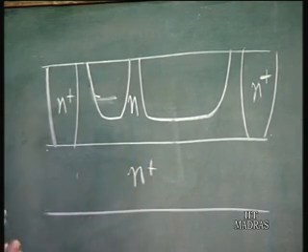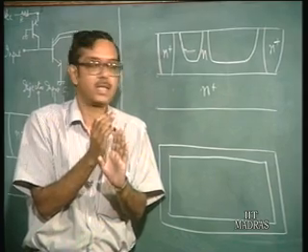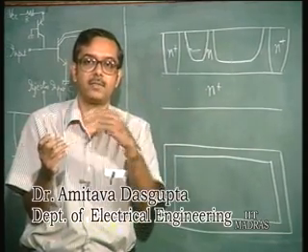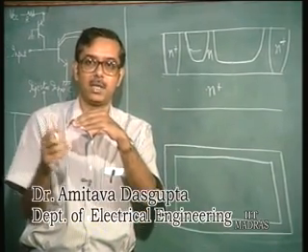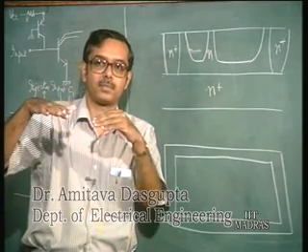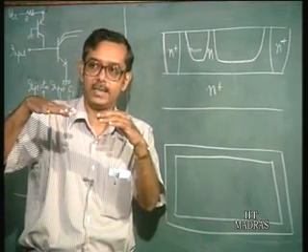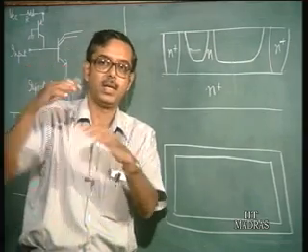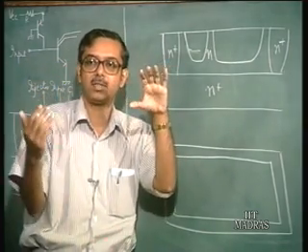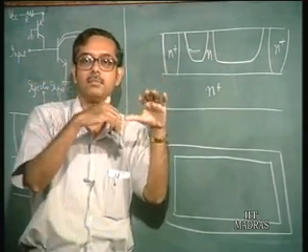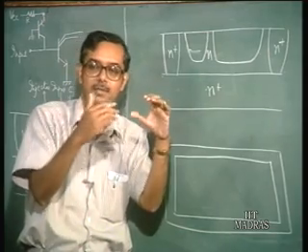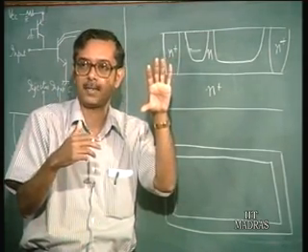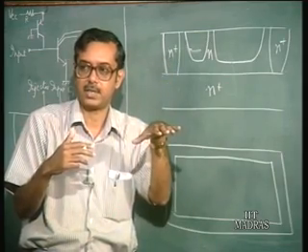In a p-n junction, say a p plus n junction, it is mostly holes injected from p plus to the n, because the n is lightly doped, and so the minority carrier concentration is more. Whereas in p plus, there is going to be very little electron injection from n to p, because that is highly doped, so the minority carrier concentration is less.